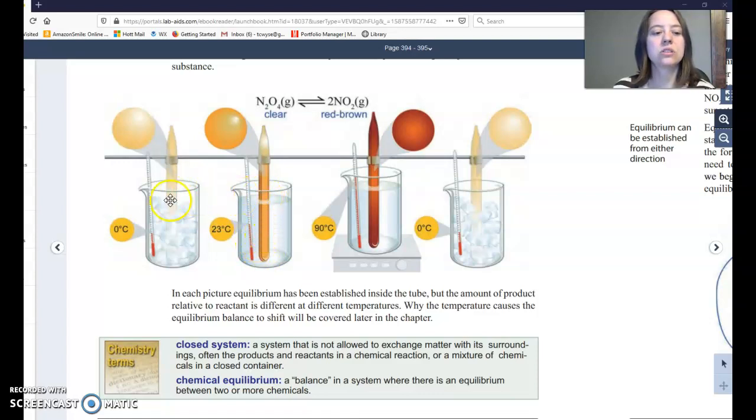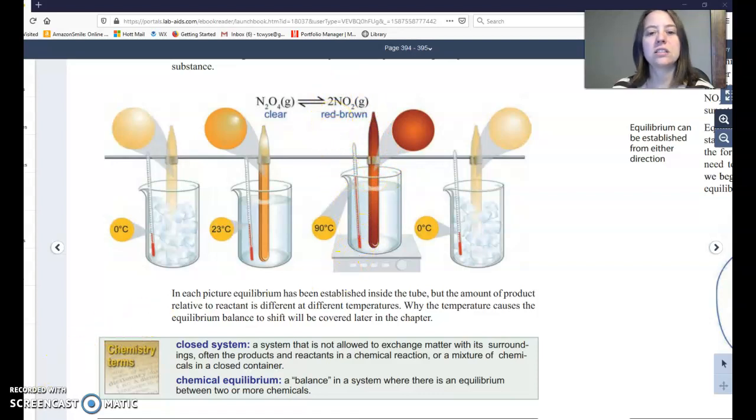And as it cools down, we see that it becomes more clear, both here and then when we cooled it down after heating over here. So that favors the reverse reaction. It favors the reactant. And then when we heat it up, you can see that there is more of the product, nitrogen dioxide.